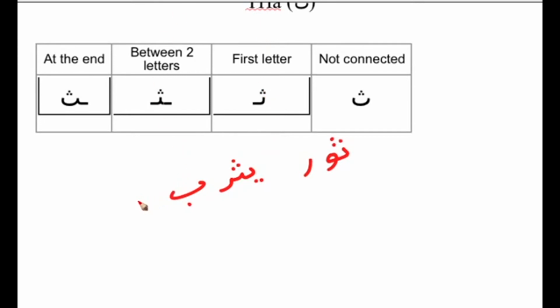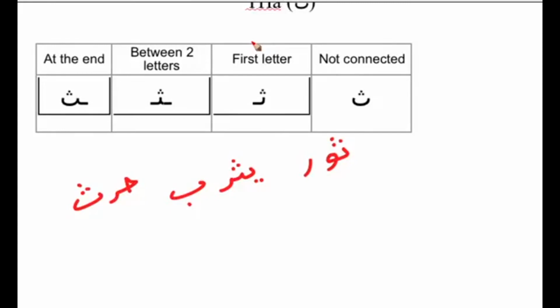Now let us see a word that ends with the letter Tha: harth. Harth is like when you dig in the ground, let us say you are a farmer and you dig in the floor to put your seed. That is called harth.